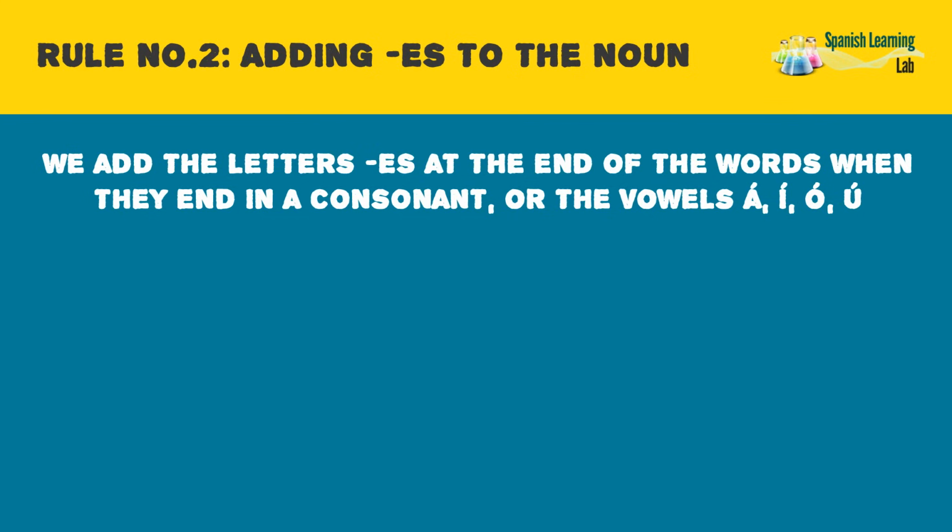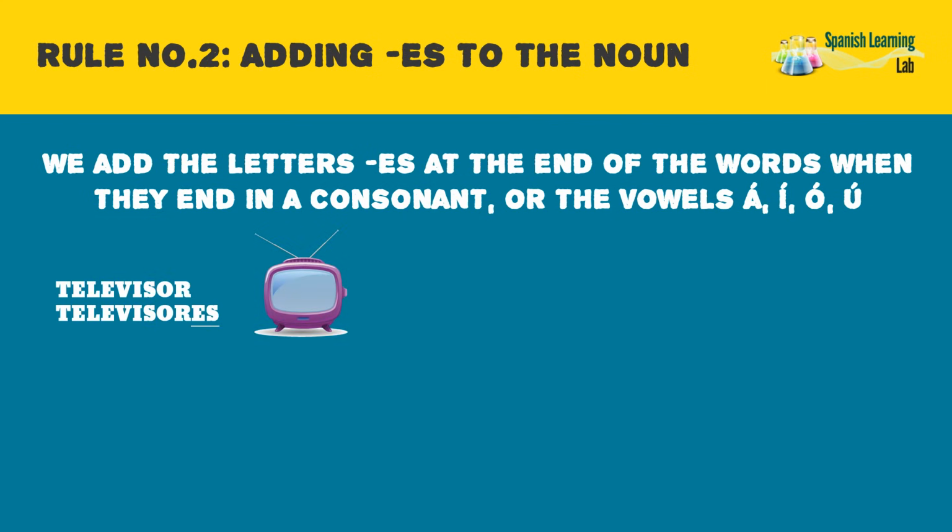Rule number 2. Adding es to the end of the noun. The second rule to form the plural in Spanish says that we add the letters es at the end of the words when they end in a consonant.